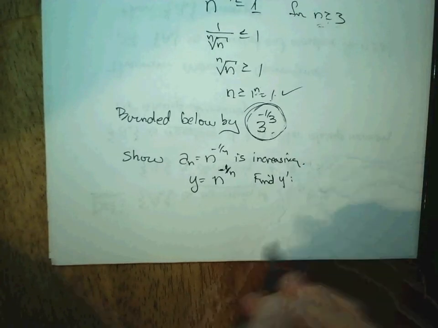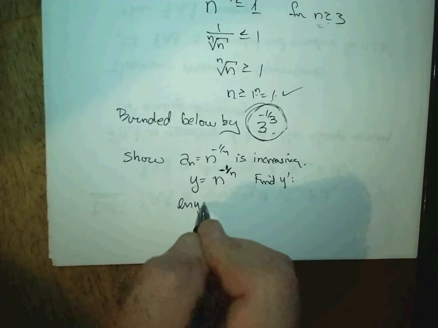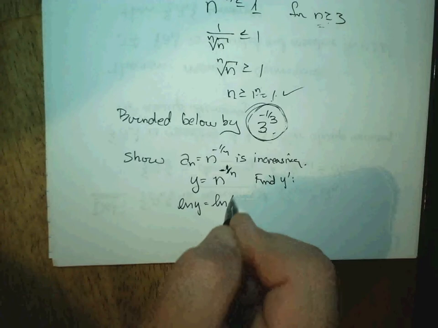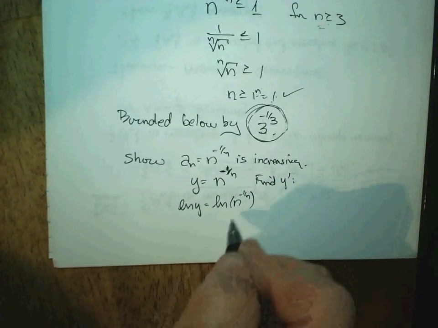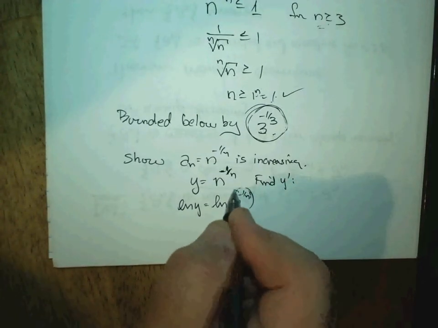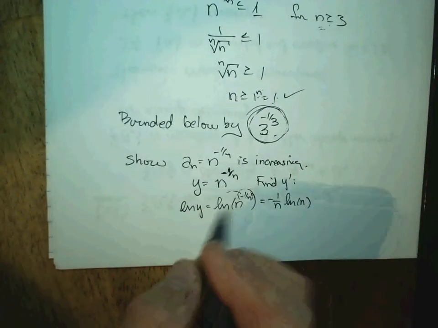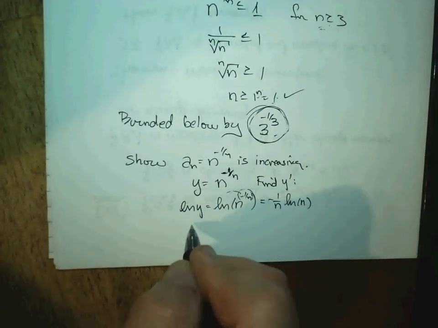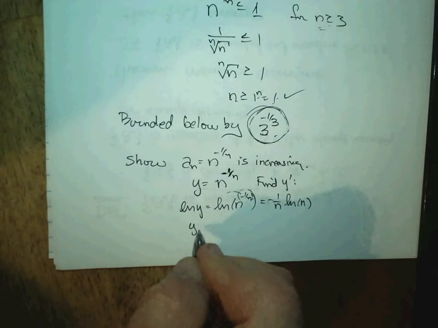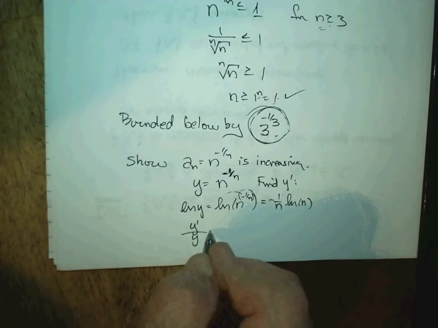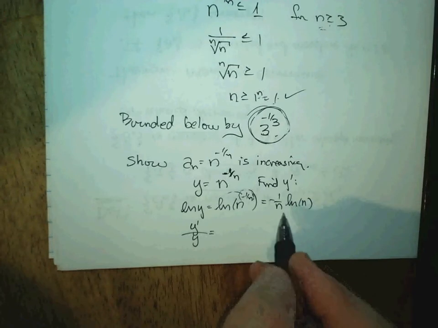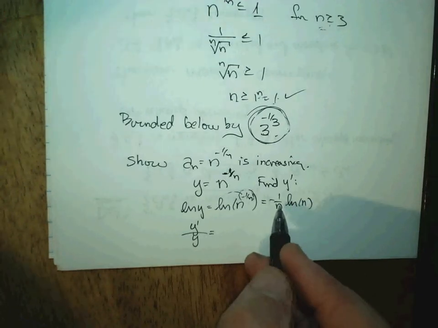Now, that's a function that's difficult to take the derivative of unless I use a log to help me. So again, finding y prime is my goal. Take the natural log of both sides. Use the property of a natural log to bring the power down. And now take the derivative. The derivative of the natural log of y is the chain rule.